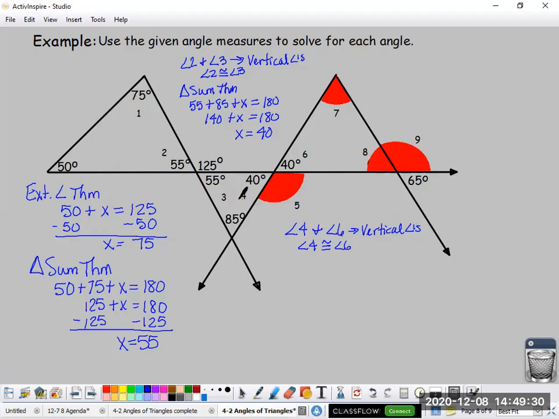Now if you notice right here, angle 4 and angle 5, and even angle 6 and angle 5, form a linear pair. And the big thing about a linear pair is they are supplementary.